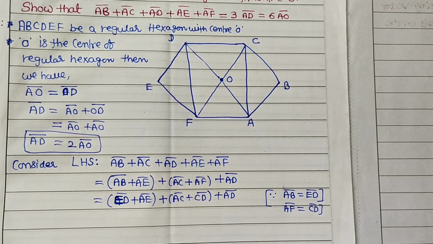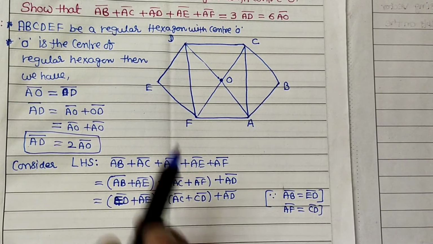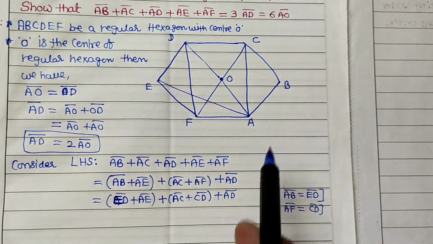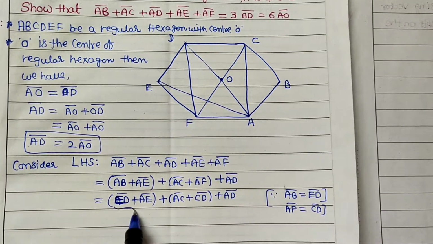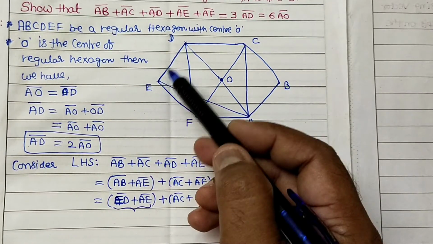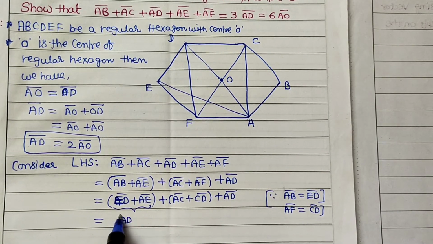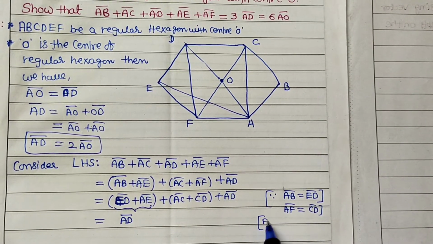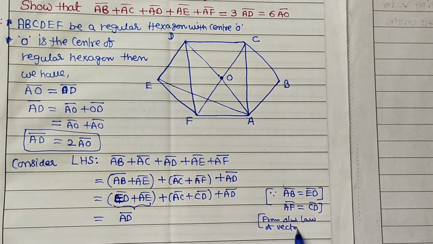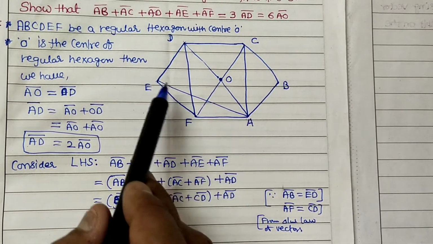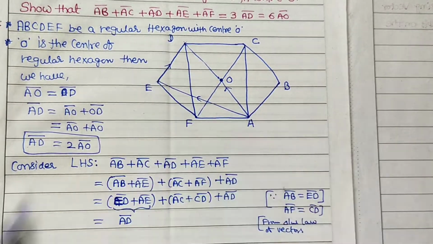After that, if you join like this, here AE plus ED is equal to AD. From triangular law of vectors, AE plus ED is equal to AD.